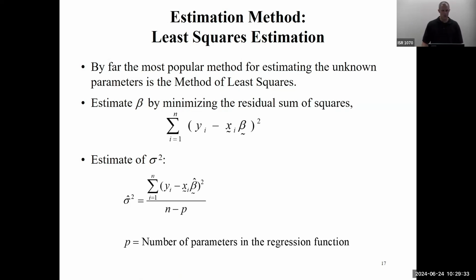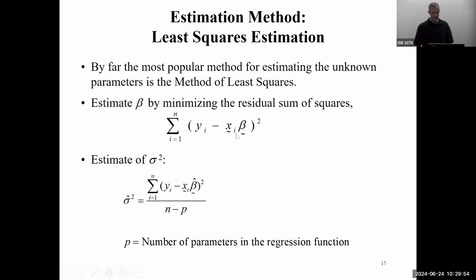Okay? So we find the values of beta that make this sum the smallest. It turns out with OLS, you can actually write down an equation to solve for the values of beta that minimize those residual sum of squares. So there's a closed form solution. Very easy to compute the OLS solution in this particular case.